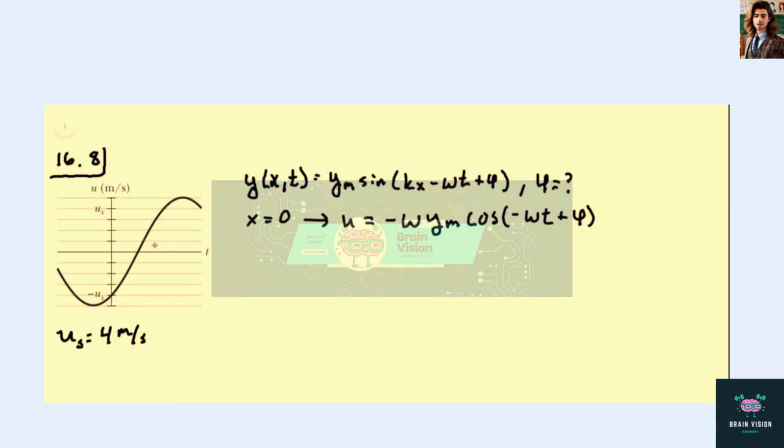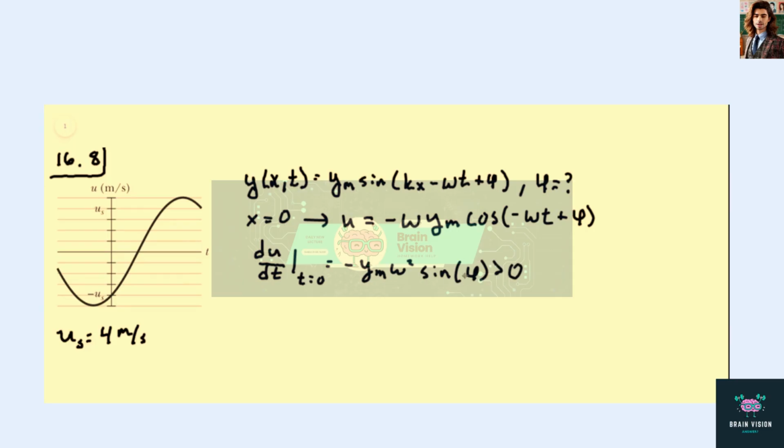So at t equals 0, the slope of this is positive. This is at time 0, so we just have the phase here.